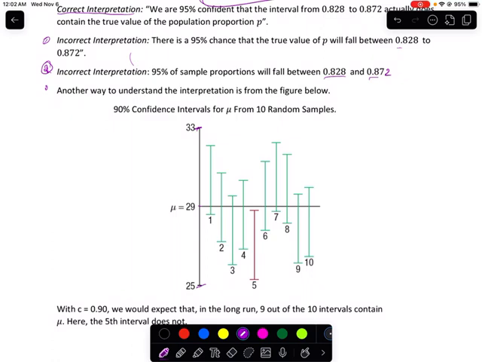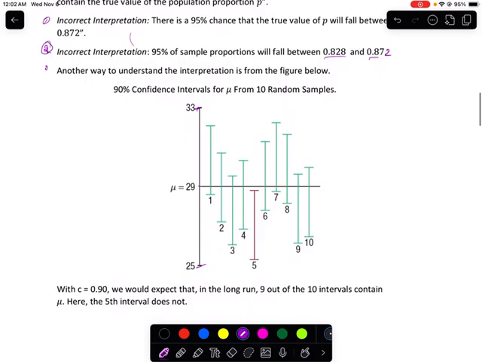When we draw this horizontal line, mu is equal to 29, you see it is passing through every interval other than the 5th one. That's why we say that we would expect in the long run 9 out of the 10 intervals contain mu. And in this picture it's the number 5.